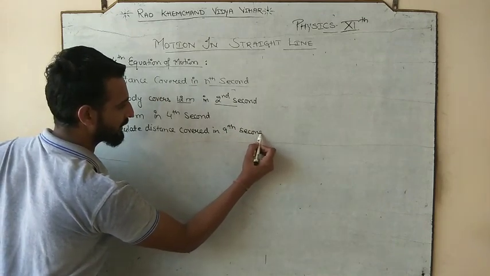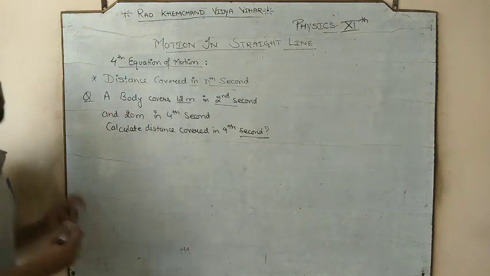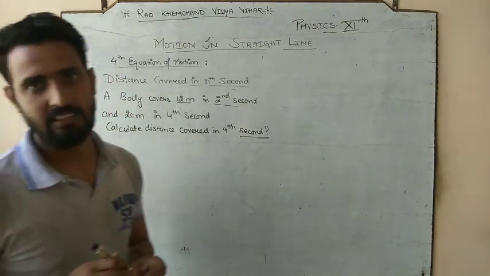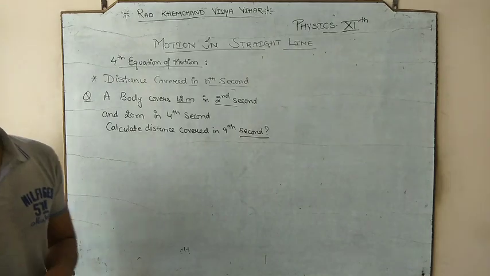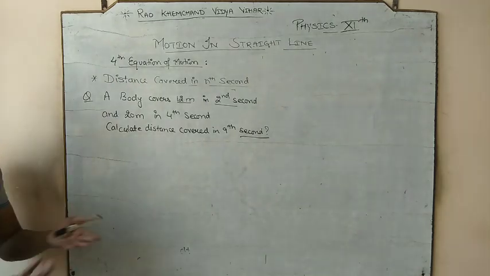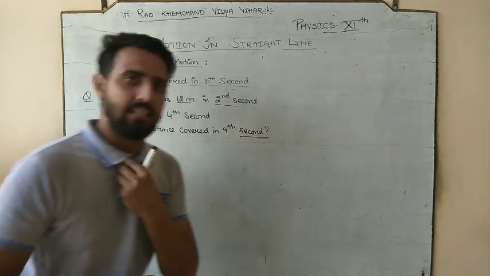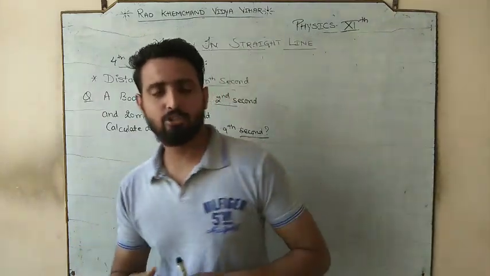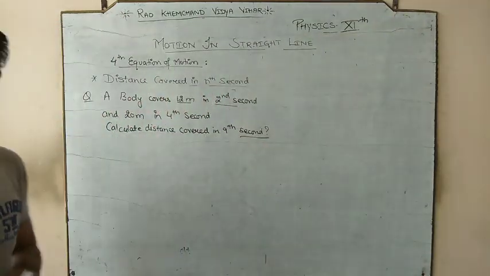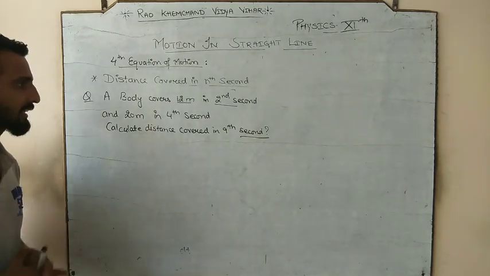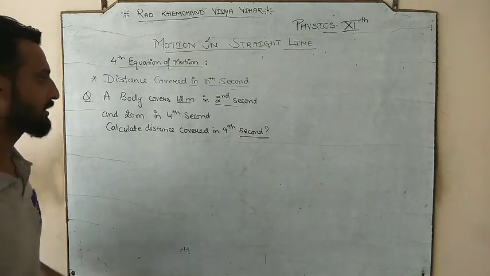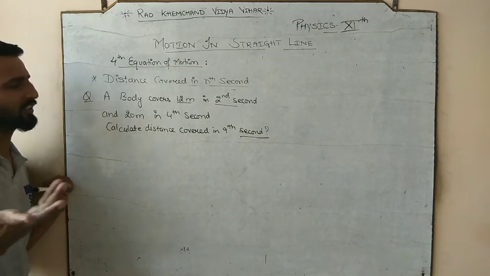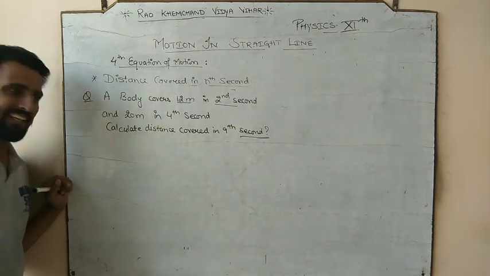How much distance is your body going to cover in the 9th second? This is the frequent variety of question I am discussing. There are more varieties related to that. You will try to solve them in the assignment. If you have any doubt, you can ask in the comment box. Also, you have my number on WhatsApp, so please do not hesitate to ask.